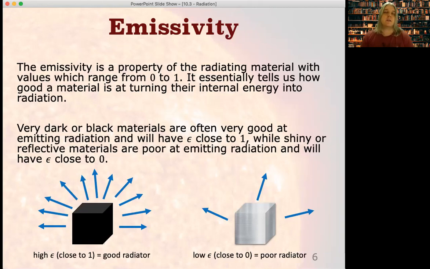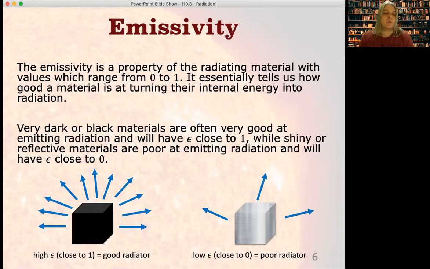How much of their internal energy are they going to be able to throw away as radiation off to the environment? It turns out that very dark and black materials are good at giving off radiation, while reflective ones, so silvers and shiny things, they're not so good at it, and they'll get epsilons closer to 0. So a very crude little diagram. You've got two similar objects, one's black, one's reflective silver.